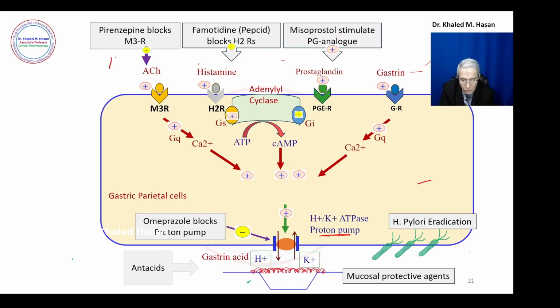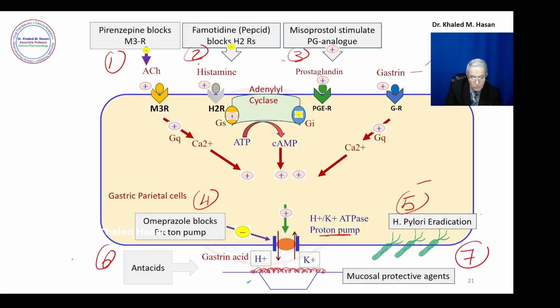Number 1, muscarinic antagonist, H2 blocker, prostaglandin analog, proton pump inhibitor, eradicate Helicobacter pylori, antacid, and the last one, mucosal protective agent. So you can see we have 7 groups in clinical practice. Someone may argue about gastrin, but to my knowledge, we don't have medication affecting gastrin in practice.